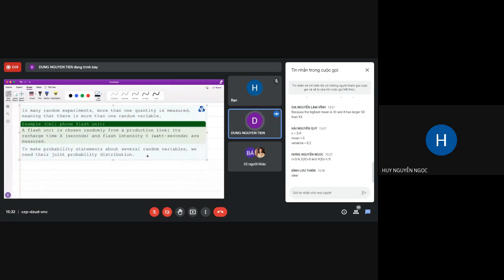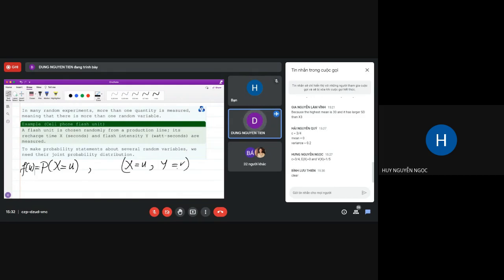And to make probability statements about several random variables or a random vector, we need the joint probability distribution, all right? If you have a single random variable, then you consider the probability that x equals u to define the probability function if x is a discrete random variable. If you have many discrete random variables, just like x and y, then instead of using x equals u, I need to consider x equals u and y equals v.